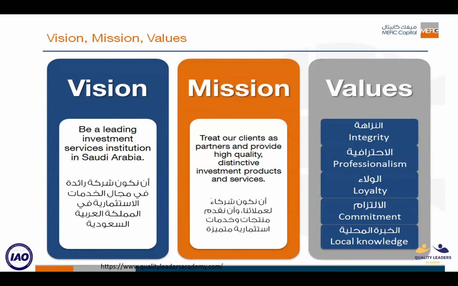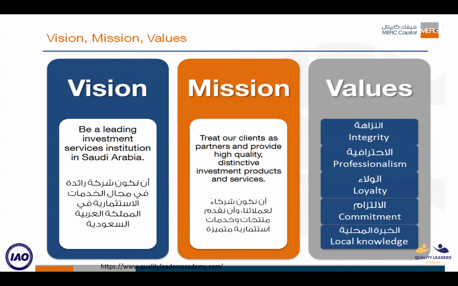So this is their day-to-day way. By doing this, they want to be the leading investment service in Saudi Arabia. They have this mission in order to achieve the vision.